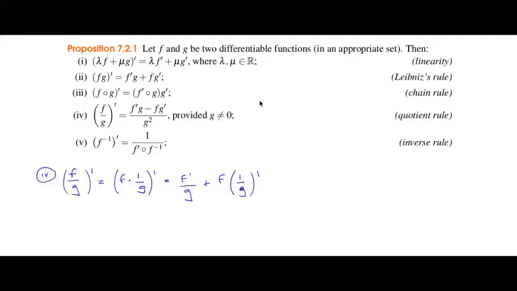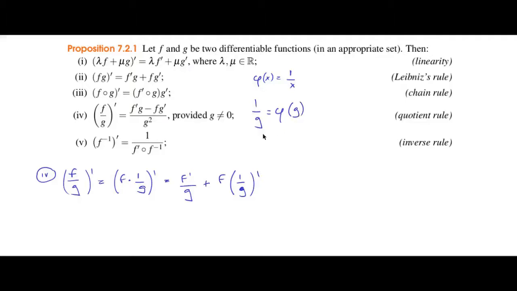Now if we write this function phi of x is 1 over x, then 1 over g is phi at g, right?